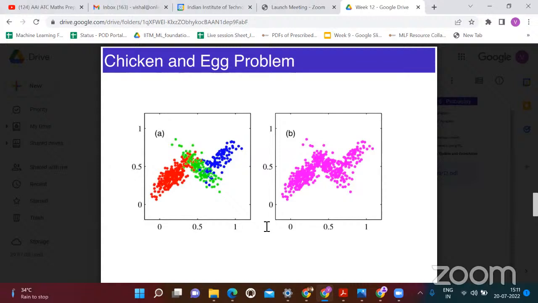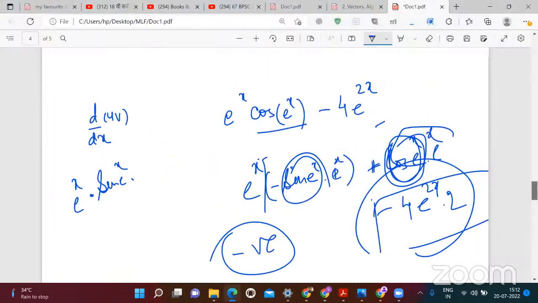So the EM algorithm generally starts with the question of which comes first, the chicken or the egg. For example, I'm giving you three data points, and I am not telling you the third data point.